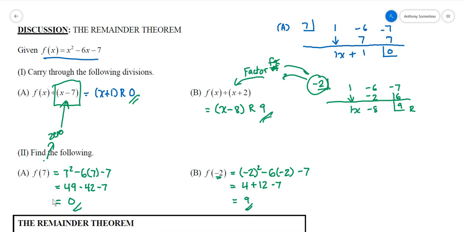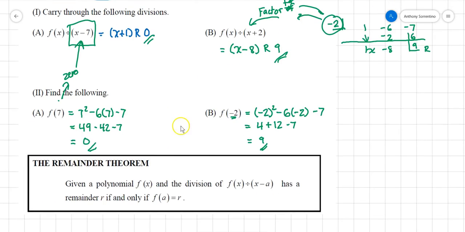It matches yet again. So I don't have to carry through a division to figure out what the remainder is going to be when all is said and done, as long as we're talking about linear binomials with a leading coefficient of 1. And that's what the remainder theorem basically states.